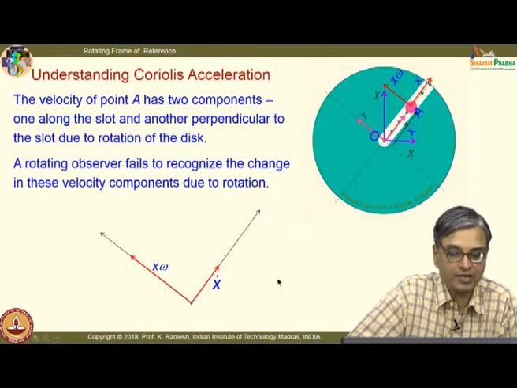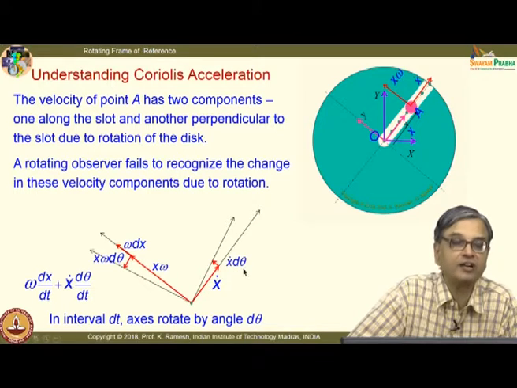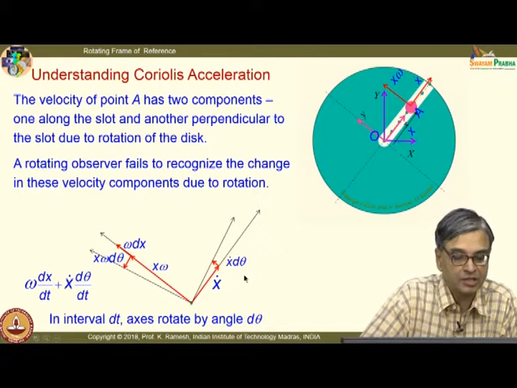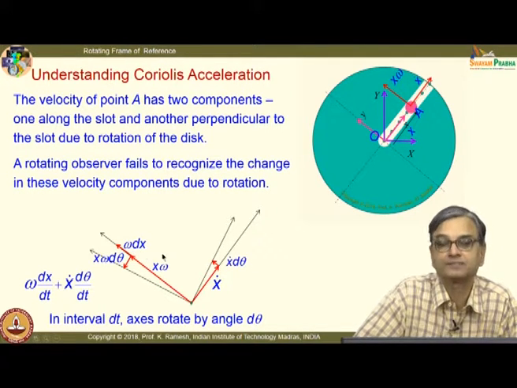So, I have x dot and x omega, and I rotate it by an angle d theta. I have explained how I got this omega dx, how I got this x omega d theta, and how you got x dot d theta. So, the rotating observer fails to recognize x dot d theta and omega dx.